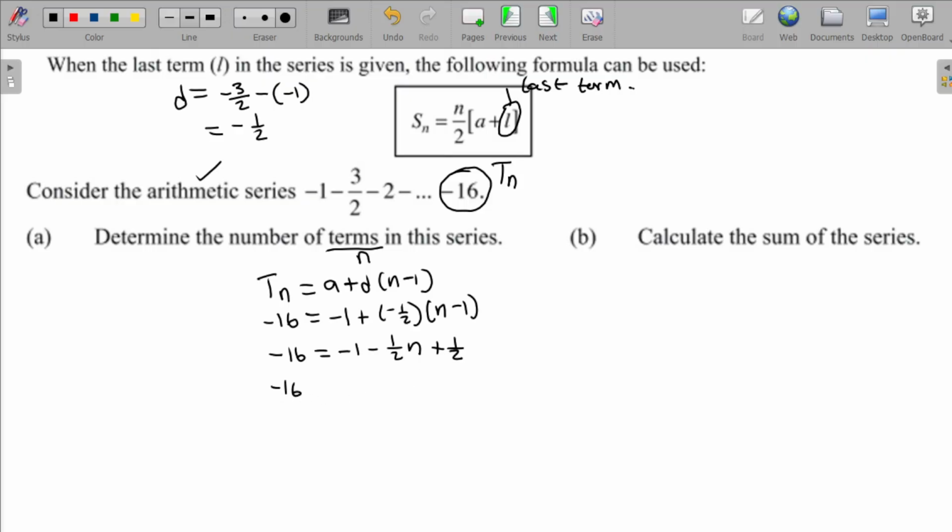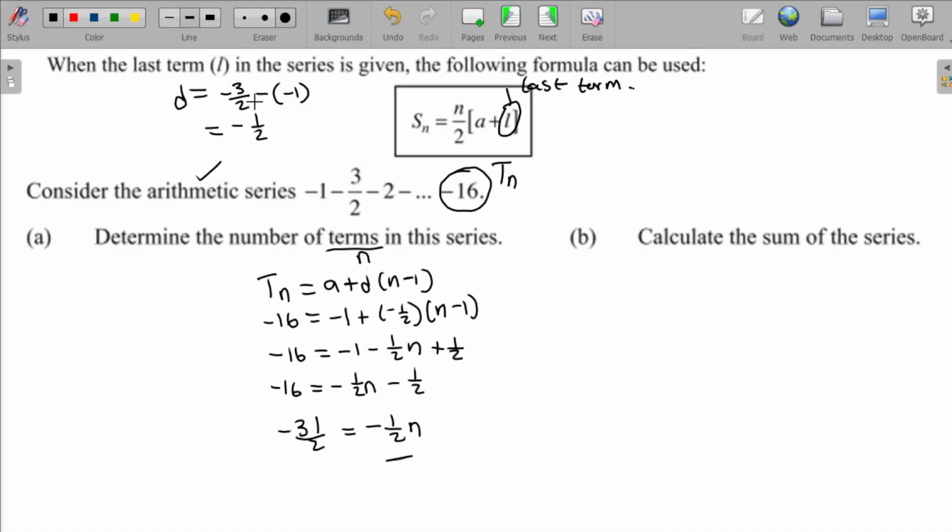And then -16 is equal to -1 over 2 n. Then I'm going to say -1 plus 1 over 2, which basically gives us a negative 1 over 2. Then we take this 1 over 2 to the other side, so it's basically going to be negative 16 plus 1 over 2, which is going to give us negative 31 over 2 is equal to negative 1 over 2 n.